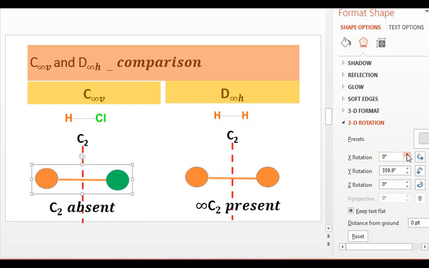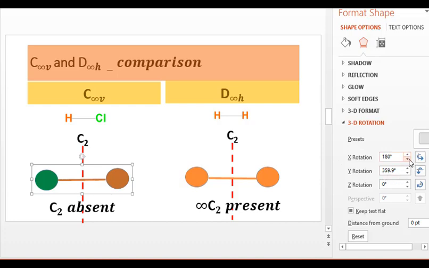And when you rotate it through 180 degrees, you will find the chlorine atom shifted to the position of the hydrogen atom, and hydrogen atom shifted to the position of the chlorine atom, that is the molecule is reversed, and so C2 axis is not present.